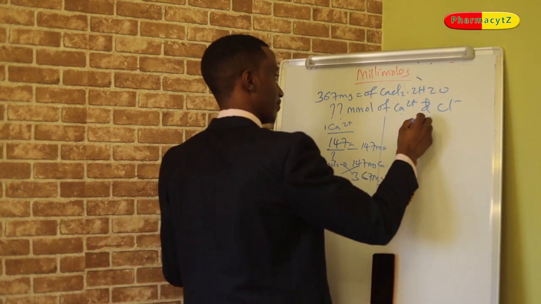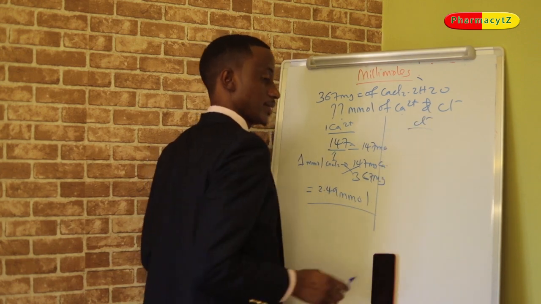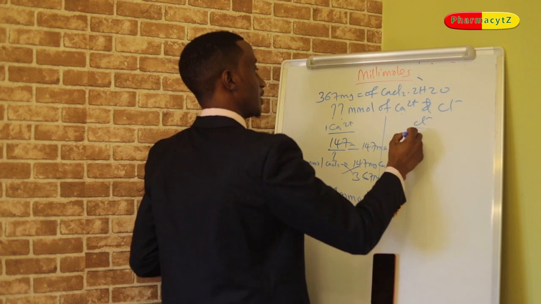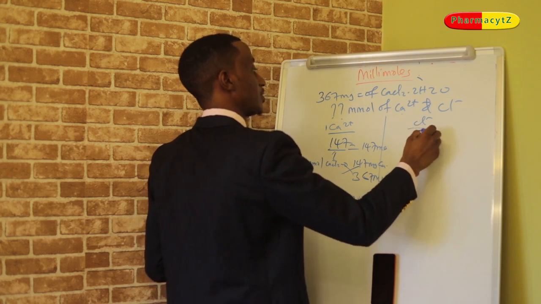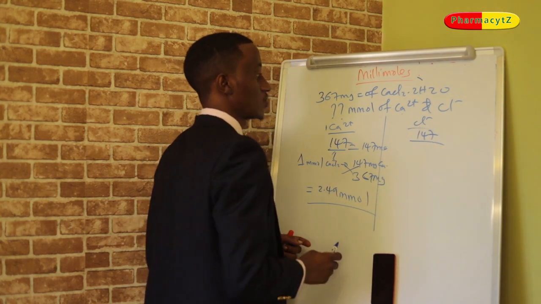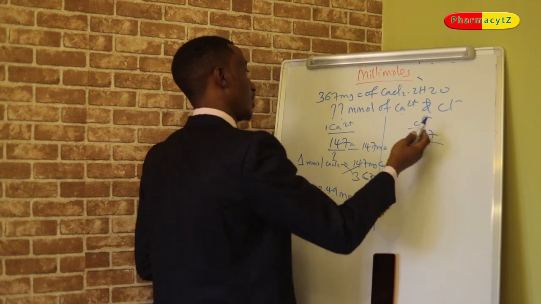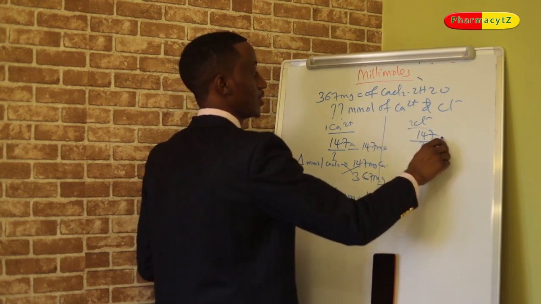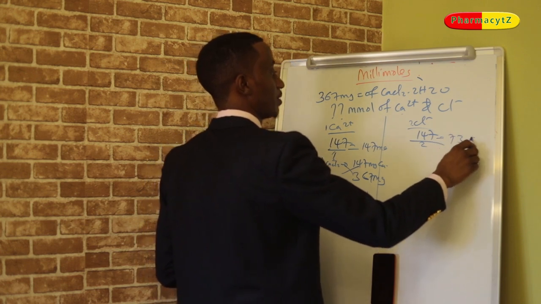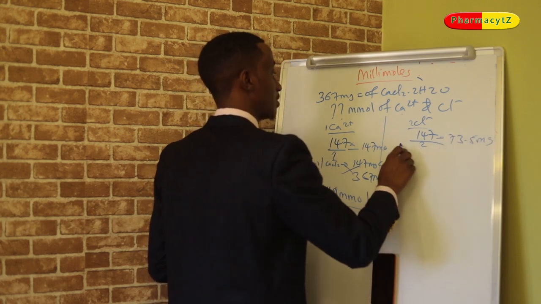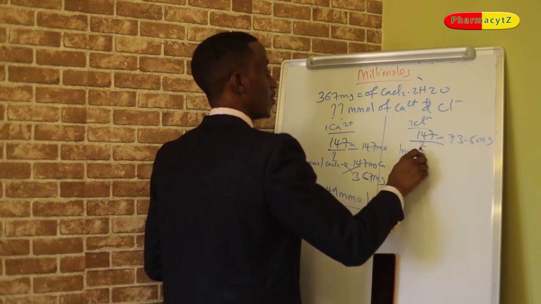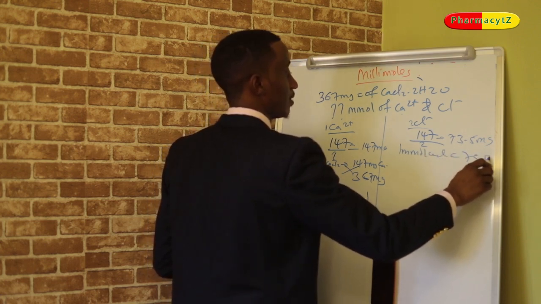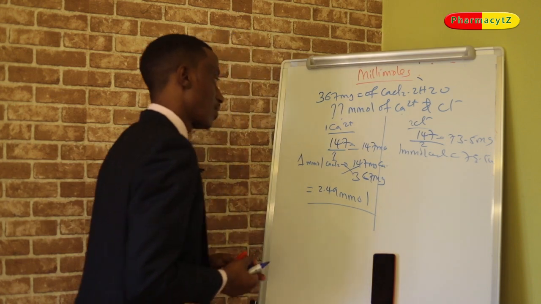Okay, for the case of chlorine, this is performed as follows. Take the whole weight of the salt, which is 147. Because there were 2 moles of chlorine, when you divide by 2 you get 73.5 milligrams, meaning that 1 millimole of calcium chloride can provide 73.5 milligrams of chlorine.